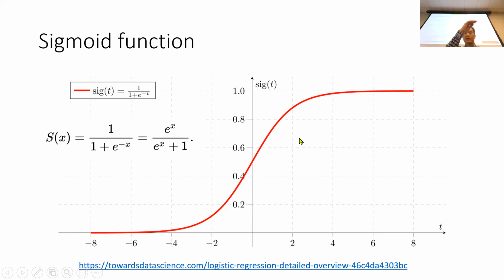So you have a threshold in the continuous range to give you, for a particular range, this output. It's between 0 and 1. So that's the feature of this function.